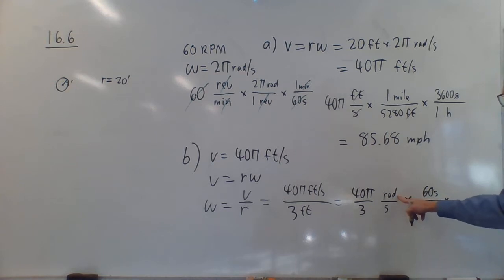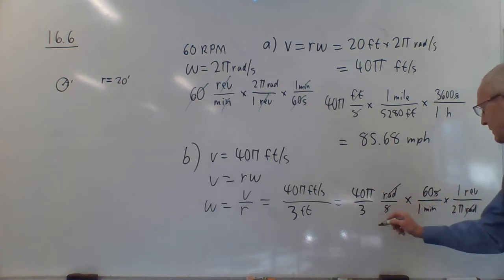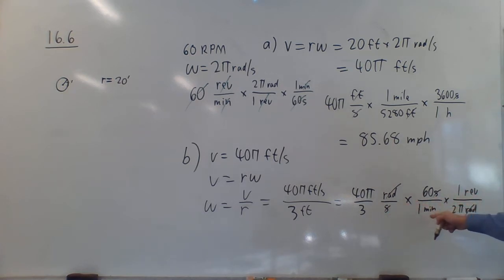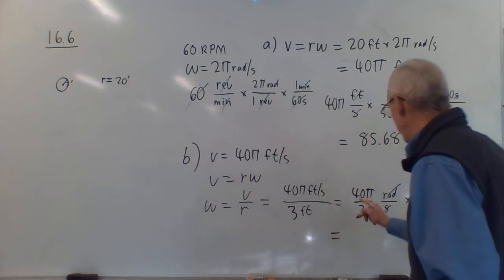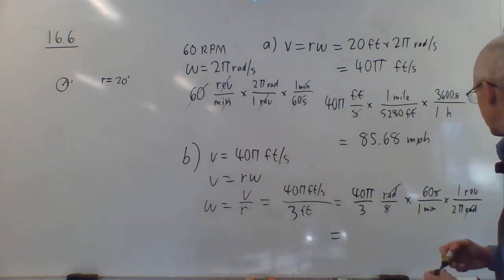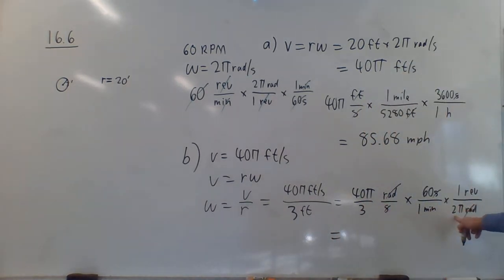And there are 2 pi radians in one circle. I have radians in the top, so I need radians in the bottom. So 2 pi radians is the same as 1 revolution. Radians cancel, seconds cancel. We're left with revolutions per minute, which is RPMs. So you go 40 pi divided by 3 times 60 divided by 2 pi.